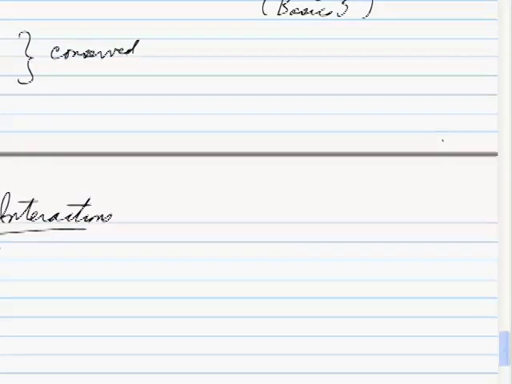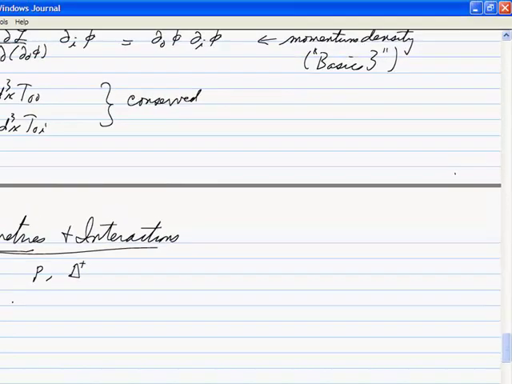Okay, so the free fields would be psi star proton, i d slash minus m, psi proton, and let's do psi star delta.